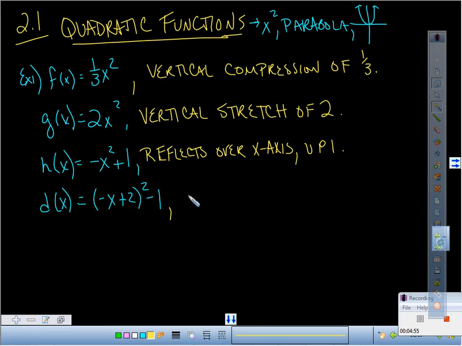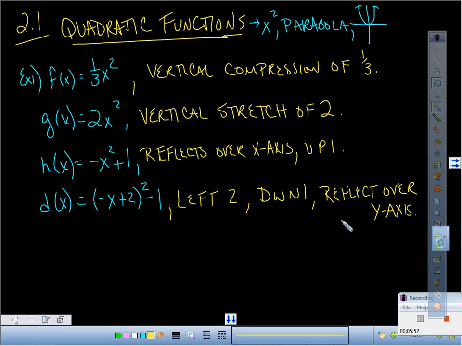Okay, so what are my transformations? Left 2. I usually go left to right first. Left 2, down 1, reflects over the y. We've talked about these before. Did you see them on the test?